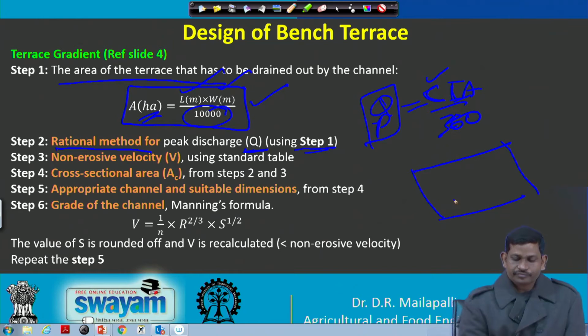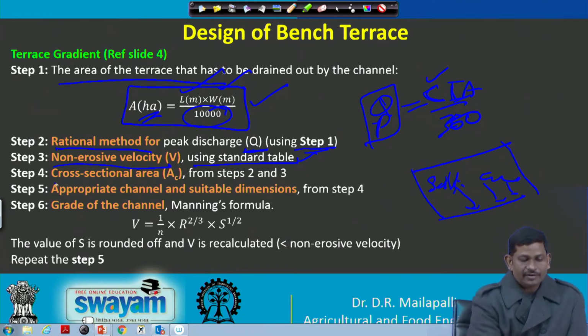This is the runoff, and then the non-erosive velocity V, from standard tables you will know the safe disposal velocity for that particular soil type as well as the crop.